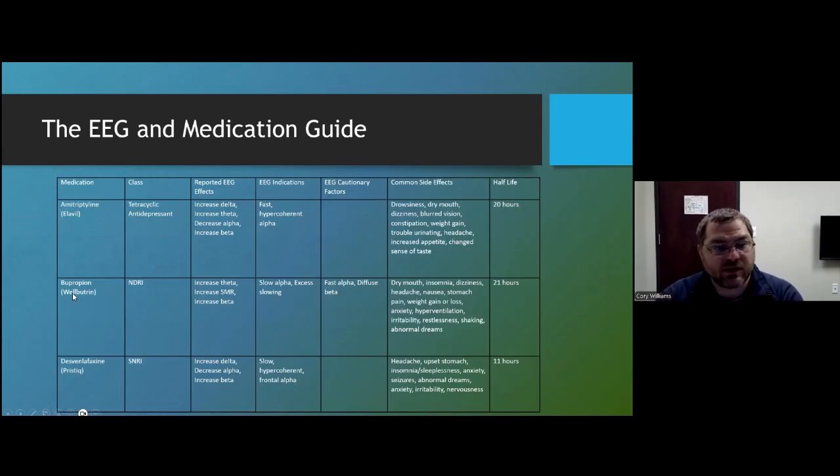And in this particular case, if we're looking at Wellbutrin, fast alpha or diffuse beta are indications that this medication may not be a good fit, that people who take this medication are more likely to run into side effects or adverse reactions, okay? So when you look at someone's EEG, now you can say, hey, this person has these features. I think this class of medication will be more helpful for you.